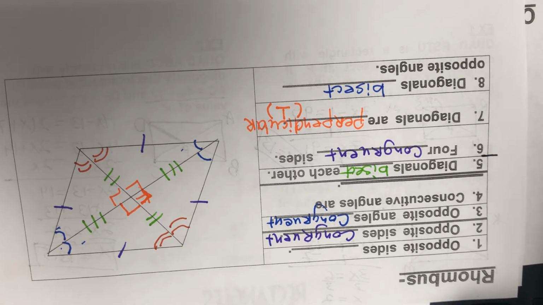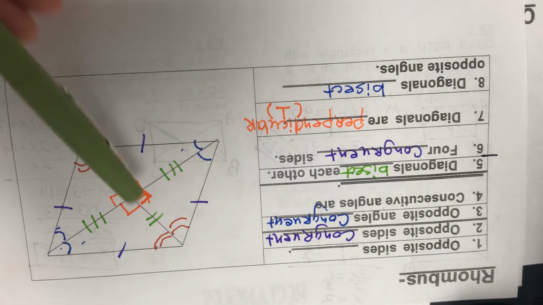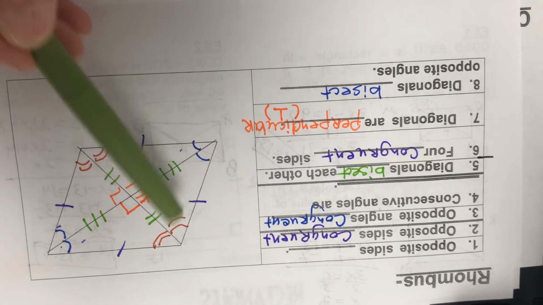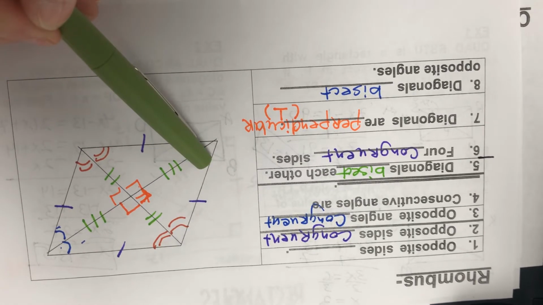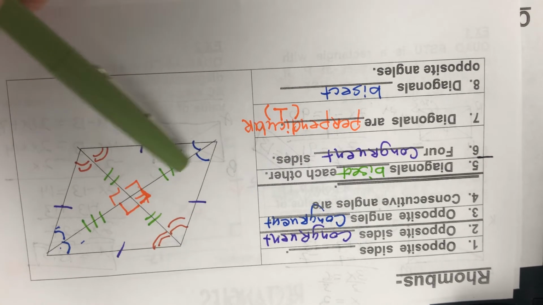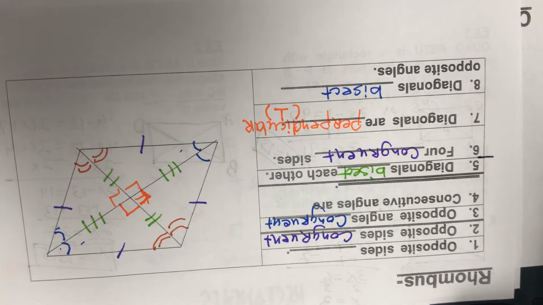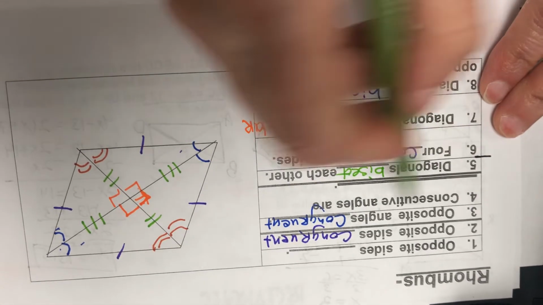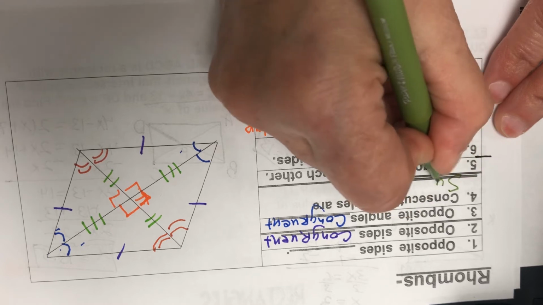Let that soak in. Take this whole angle, half of it, this whole angle, half of it. This half plus this half adds to equal 90. The whole angle plus the whole angle has to add to equal 180. Consecutive angles are supplementary.